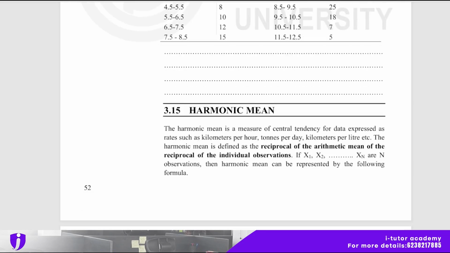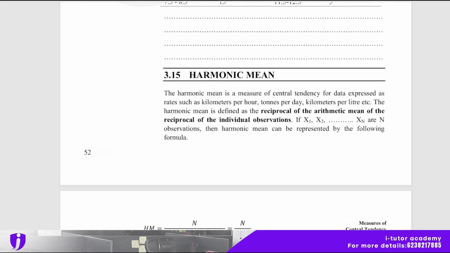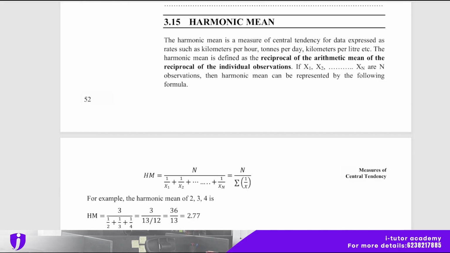And harmonic mean. The harmonic mean is a measure of central tendency for data expressed as rates such as kilometers per hour, tons per day, and kilometers per liter, etc. The harmonic mean is defined as the reciprocal of the arithmetic mean of the reciprocals of the individual observations. If x1, x2, up to xn are n observations, then the harmonic mean, represented as HM, can be represented by the following formula.